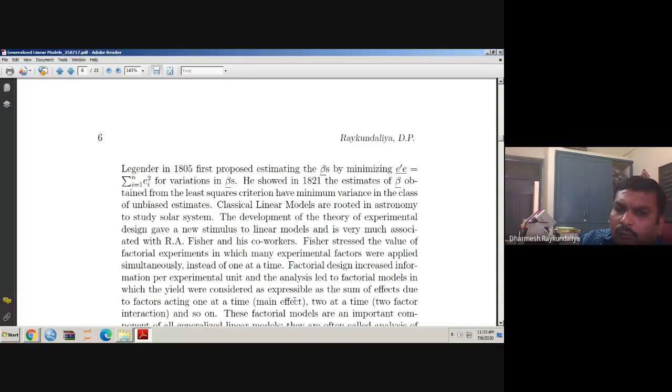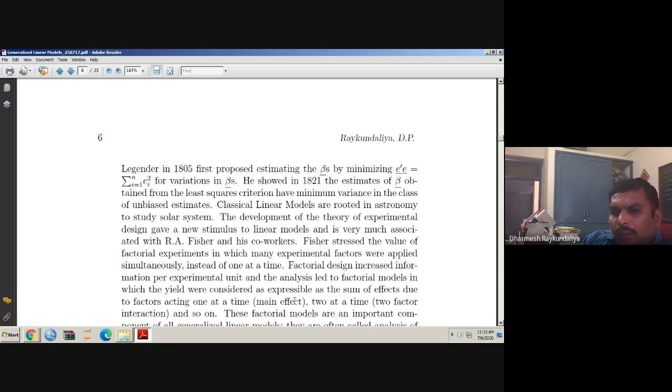In fact, Legendre and Gauss did many experiments on the solar system via telescope. Whatever data they captured, they identified the errors in the measurement data. That is how Gauss gave the Gaussian approach to model such error.